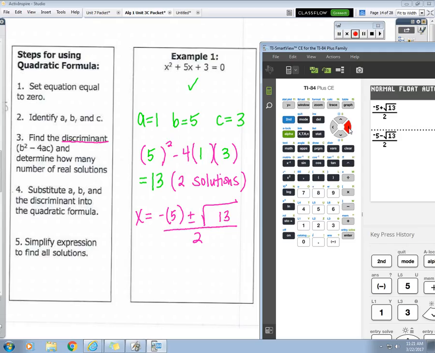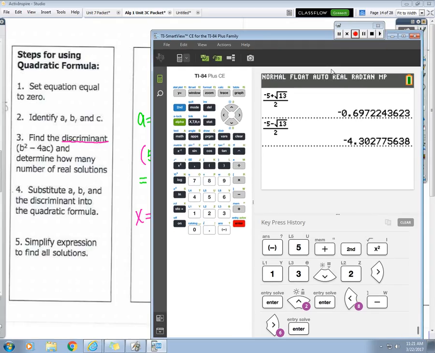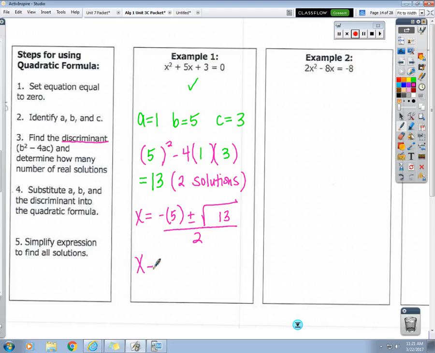And so now see how I have -5 plus the square root of 13 over 2 typed in, and I have -5 minus the square root of 13 over 2? When I do that, I get my two different answers, -0.7 and -4.3.